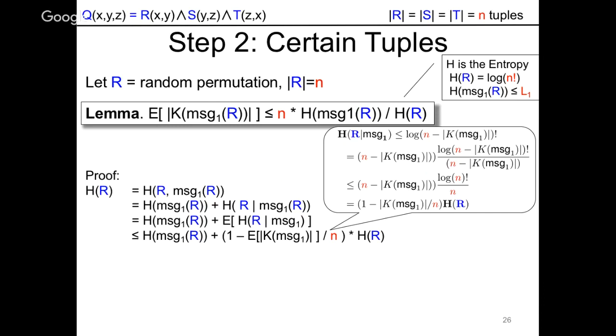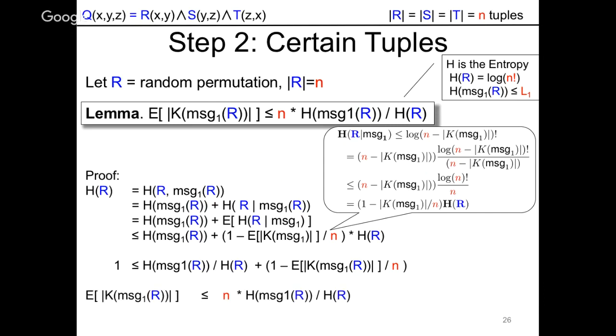And this gives us this inequality that connects the entropy of the message with the expected number of certain tuples. So now we have in a single line the entropy of the message and the expected number of certain tuples. And from here on, it's just manipulation, and we get our result. The expected number of certain tuples is at most the ratio of the entropies of the message and the input relation.